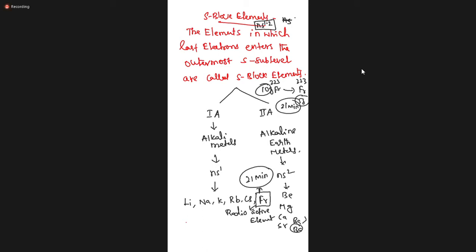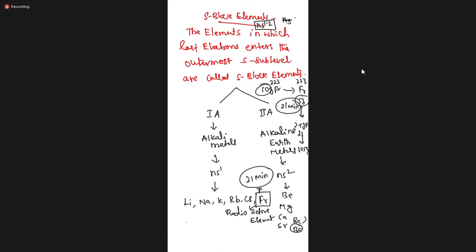Again, 5 grams of francium is converted into 2.5 grams, taking 21 minutes. Again, 2.5 grams converts into 1.25 grams, taking 21 minutes. So this is called half-life. In the first A group, francium has this half-life, and in the second A group, radium.